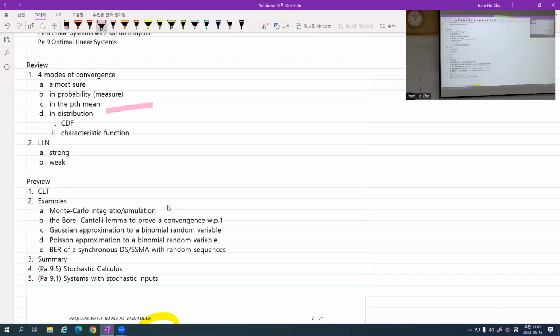Since our topic today is related to this convergence in distribution, let me write down the definition. What was the definition?